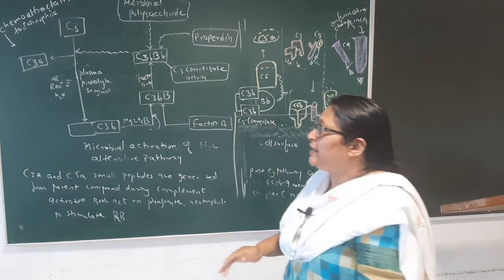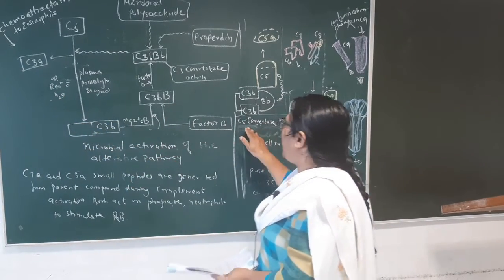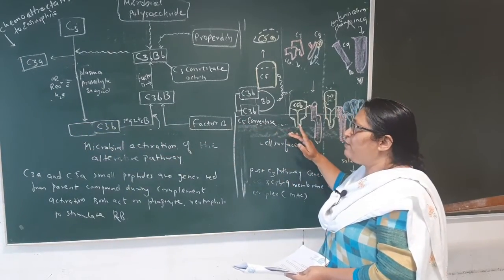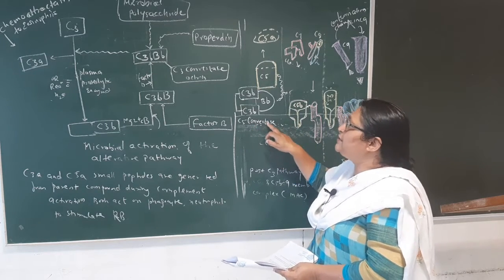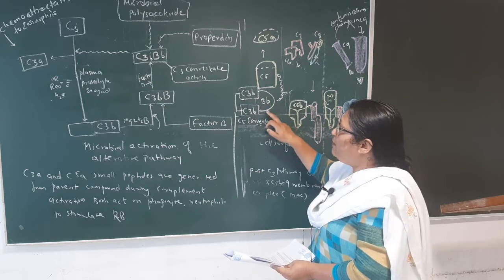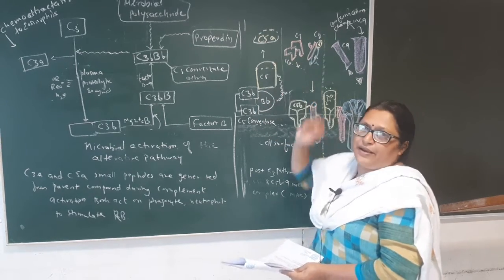It means that the generation of C3b and its association on the microbial surface converts that into the C5 convertase, so that when this complex is linked with C5, it will convert it into C5a.